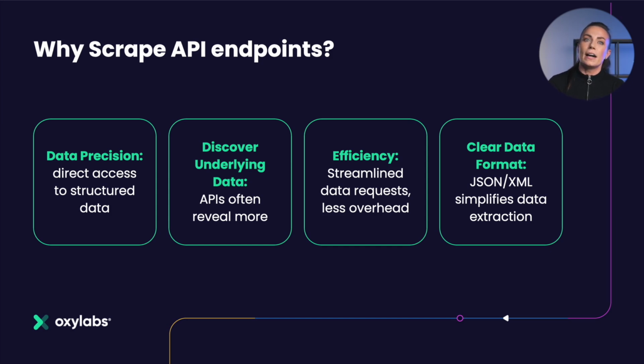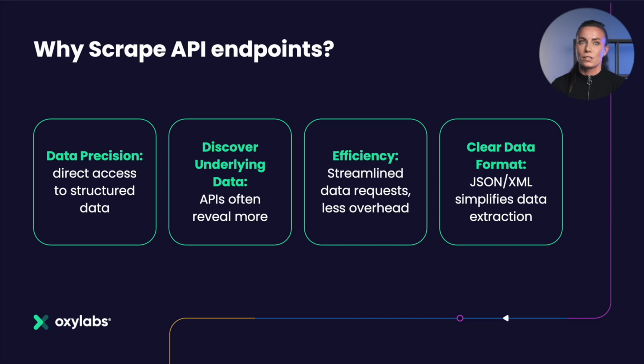Also, APIs often provide access to valuable data that is not immediately visible on the front end of websites. For example, actions like scrolling or clicking a button to load more products may be required for this information to appear on the front end. By accessing the API endpoint directly, this data can be retrieved without performing those actions.